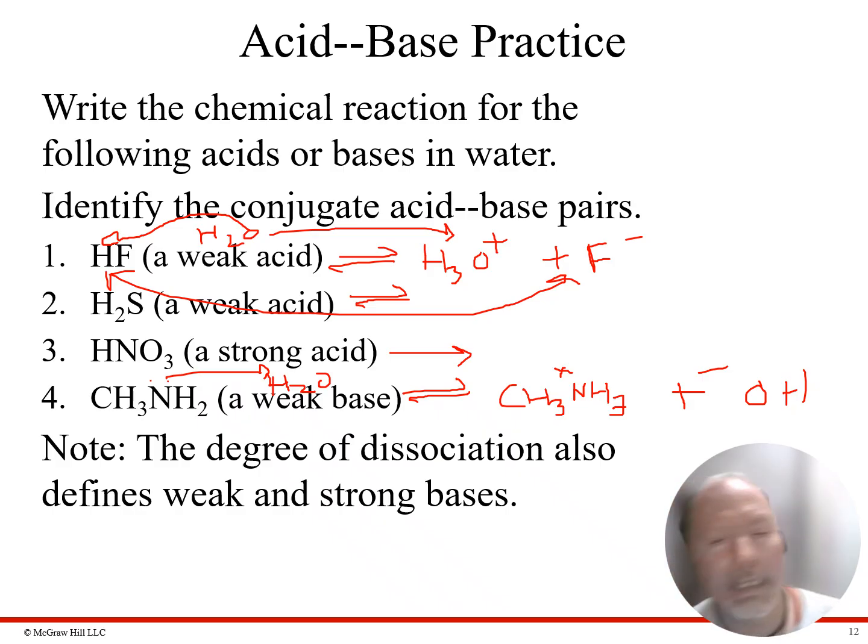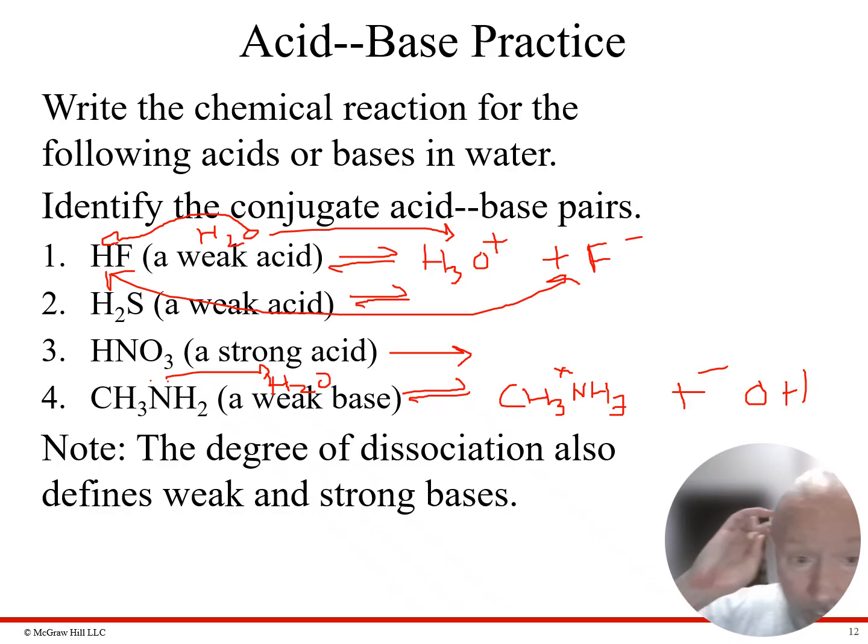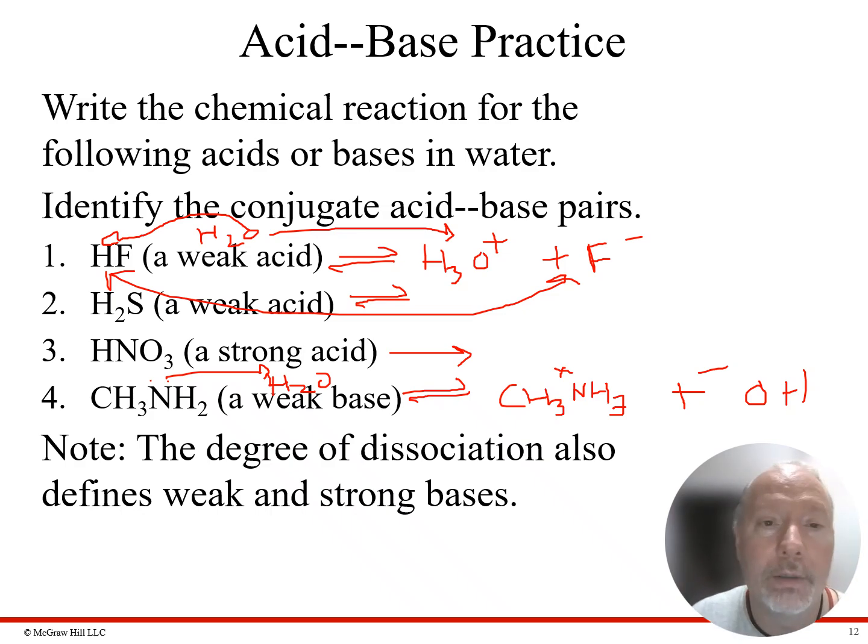And we're not really even looking at the difference in the strengths of these acids and bases. So the degree of dissociation defines a weak and strong base. Concentration also is effective in telling us something about what kind of acid we've got. For example, it's still true that if we had 5 molar HCl and only 0.5 molar HCl, there would be more acid and more protons donated from the 5 molar, more concentrated solution.